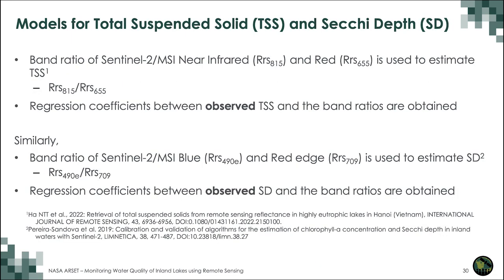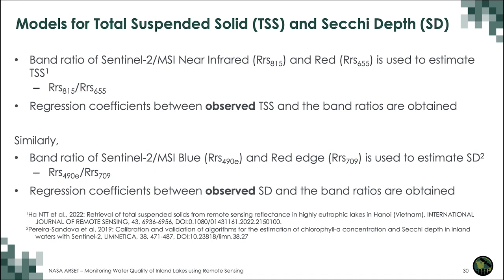There are models for TSS and Secchi depth, which represent water clarity. So if you search the literature, there are many models with combinations of spectral bands. There are simple two-band ratios, or there are multiple bands used. So there is no standard algorithm.